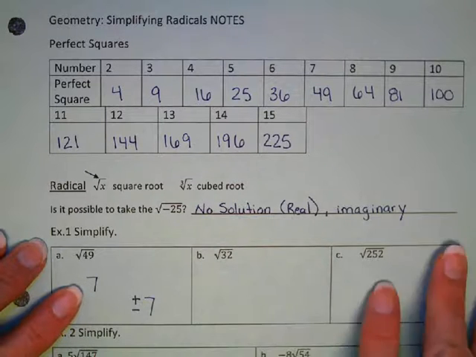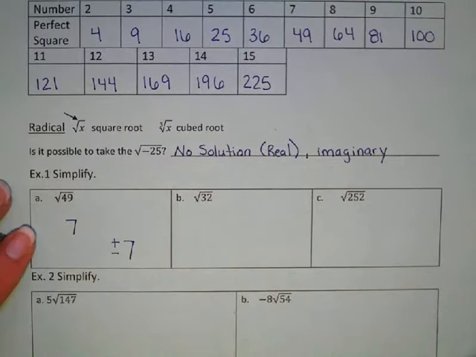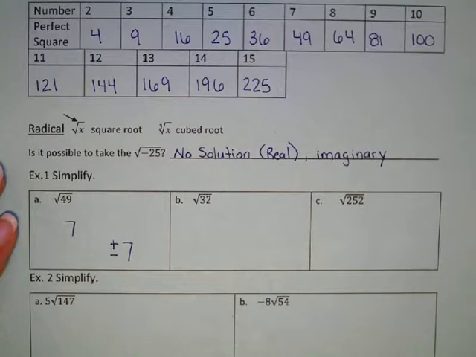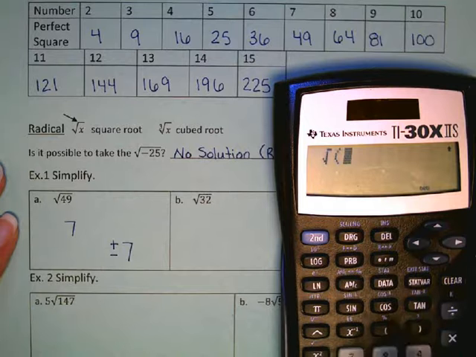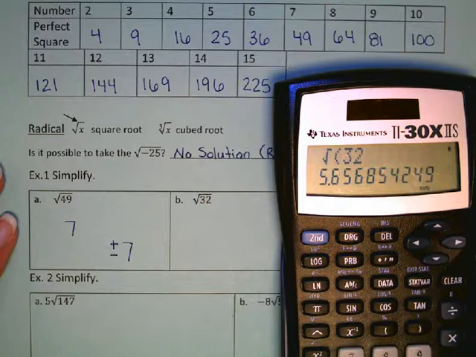Alright, 32. To simplify the square root of 32, if you go to your calculator and type it in, my calculator gives me a big decimal, and we don't want any decimal answers. We want to be able to simplify this. So we're going to look at our list and try 32 divided by 4. 4 is the first number on our list.